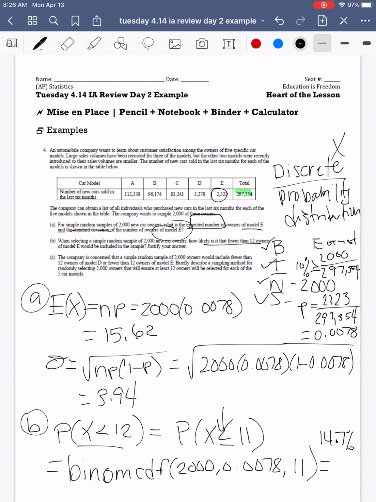All right, so for part C, this one is a little bit more conceptual, not really mathematical computations needed. So part C: the company is concerned that a simple random sample of 2,000 owners would indicate fewer than 12 owners of Model D or fewer than 12 owners of Model E. Briefly describe a sampling method for randomly selecting 2,000 owners that will ensure at least 12 owners will be selected for each of the 5 car models.